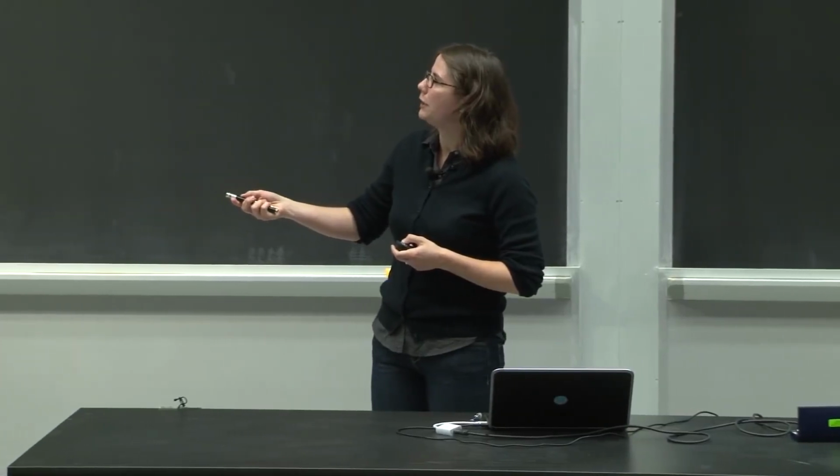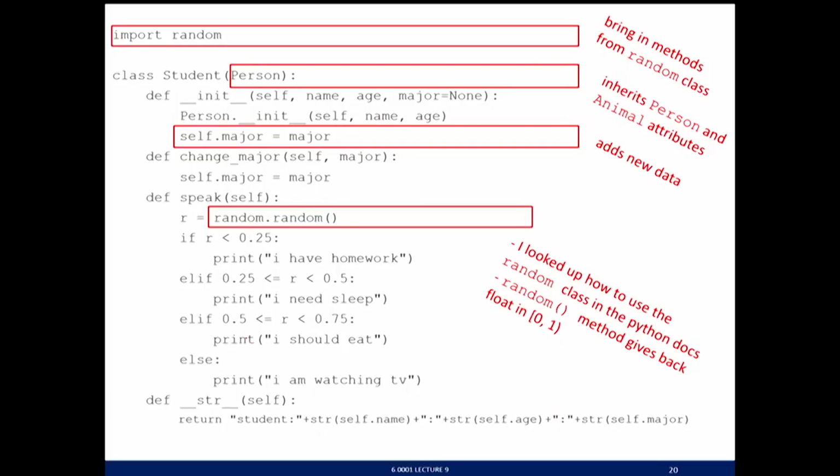So if I want to use random numbers in my code, I'm going to put this import random at the top of my code, which essentially brings in all of the methods from the random class. One of the methods being this random method. So random open close parentheses is a random method from the random class. And this essentially gives me a number between 0 and 1, including 0, but not including 1.